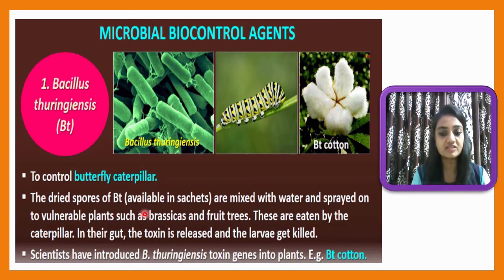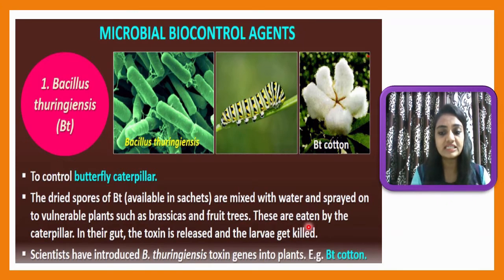But here you just have to understand what Bacillus thuringiensis is and how it may be applied to the farms. It is available in dry spore form in a sachet, mixed in water, then sprayed on farm crops, and it protects vulnerable plants such as brassicas and fruit trees.